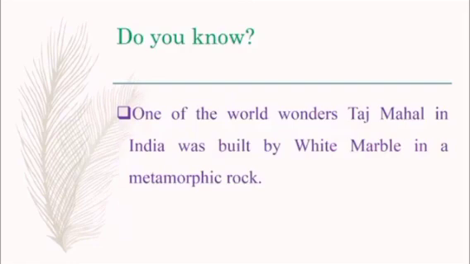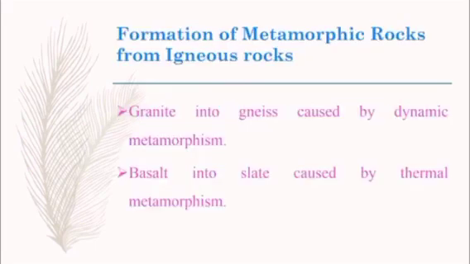Do you know, one of the world wonders, the Taj Mahal in India, was built with white marble, a metamorphic rock. Now let's see about formation of metamorphic rocks from igneous rocks. Granite into gneiss caused by dynamic metamorphism.